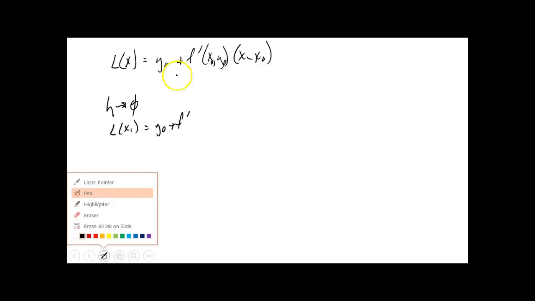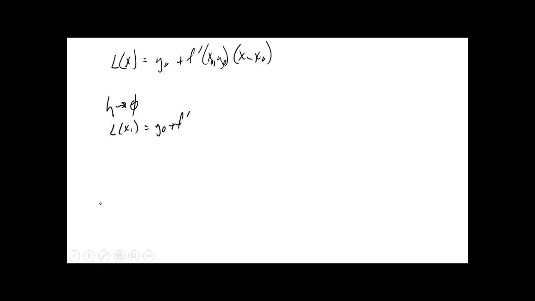That's equal to your y0 that we had before, plus f prime, I'm sorry, I put an f prime in here, but it was just an f because your y prime was f, not f prime.